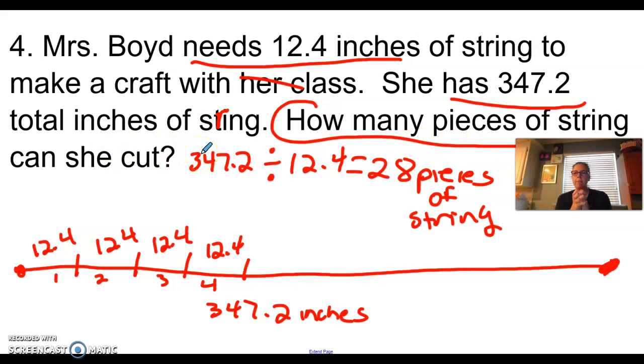Okay, so remember, if you're given the total, then you're going to divide. If you're given the total money or the total length or the total area, you're going to divide and put the total first. If you're trying to find the total of something, then you're going to multiply. There are a few instances where that is not exactly correct, but almost all of them it is. Okay? All right.